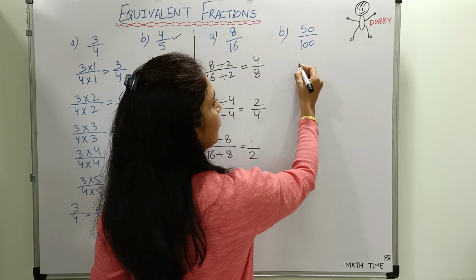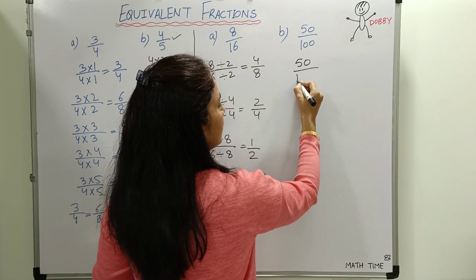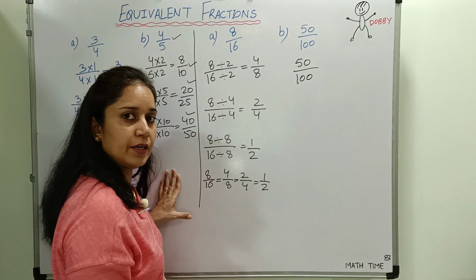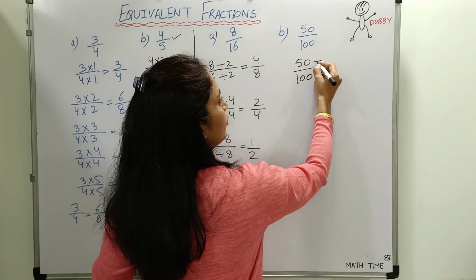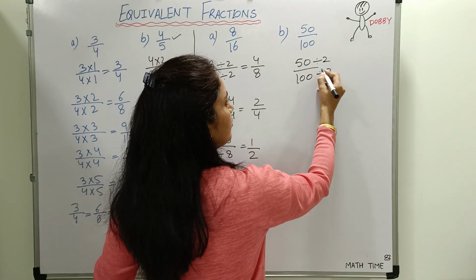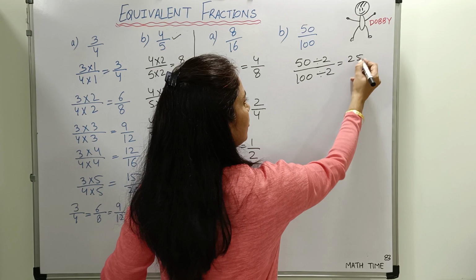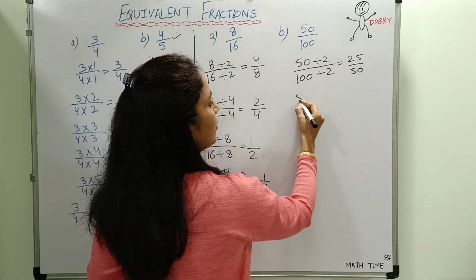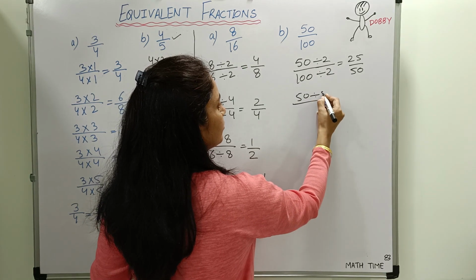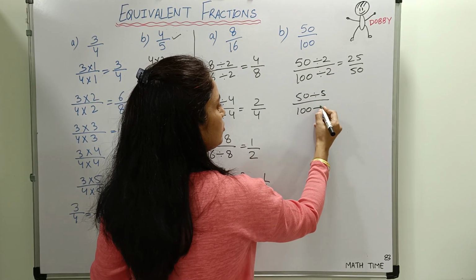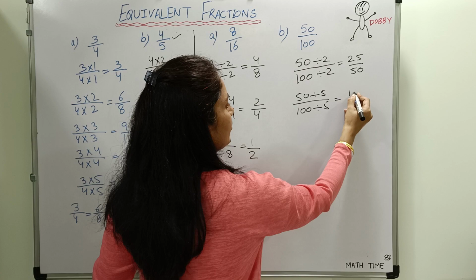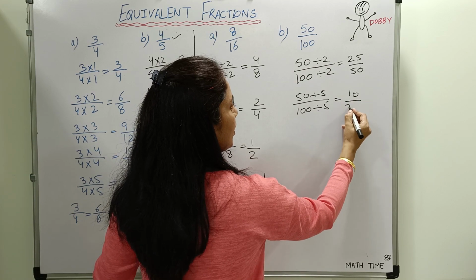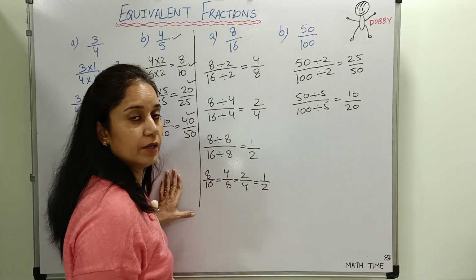50 upon 100. One can divide this fraction by 2. It gives us 25 upon 50. The second child can think that I will be dividing it by 5. So yes, this can also be done. 5 10s are 50, 5 20s are 100.